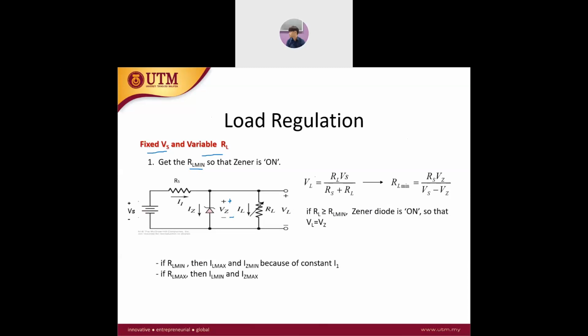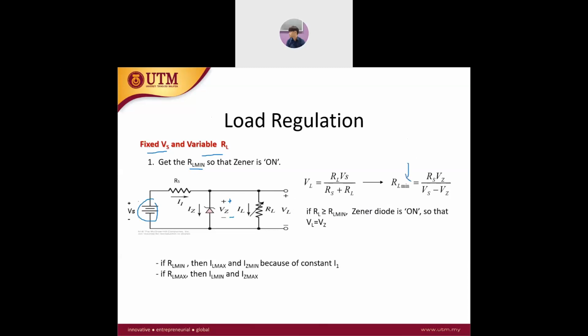If we calculate from this, VL equals RL over RS plus RL times the voltage source. This one is for the voltage divider, pretty much just like KVL, and then rearranging this equation.